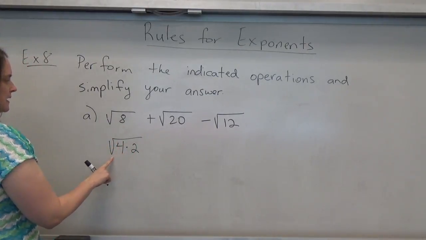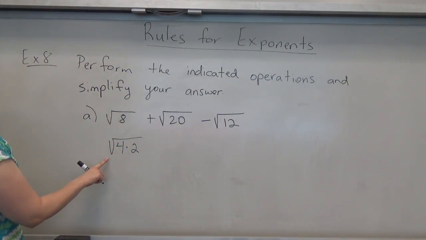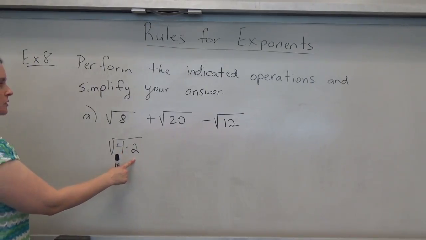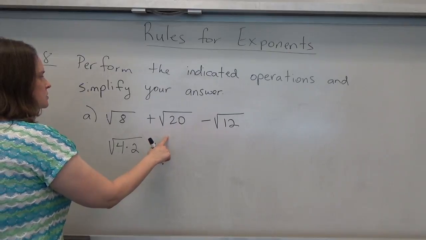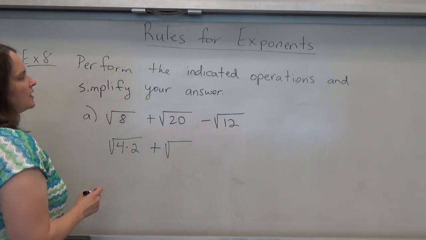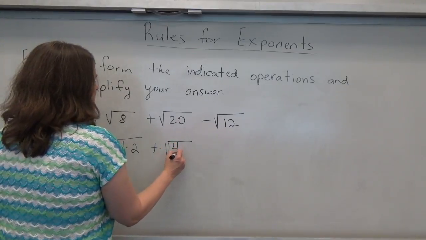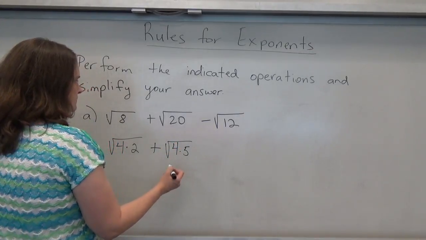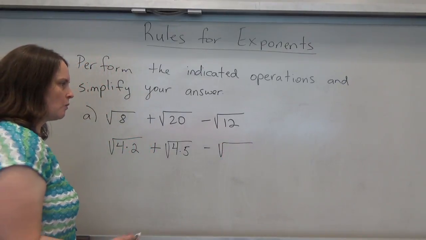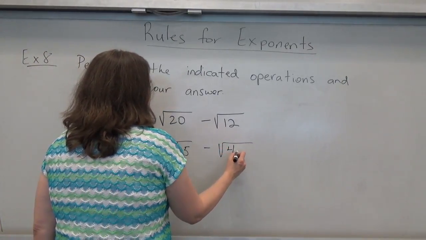In the next step, we can break this apart by simply taking the square root of 4, and then we'll have the 2 left inside the square root. The square root of 20 can be written as the square root of, again, 4 times 5. And the square root of 12 also has a factor of 4, so it can be written as 4 times 3.